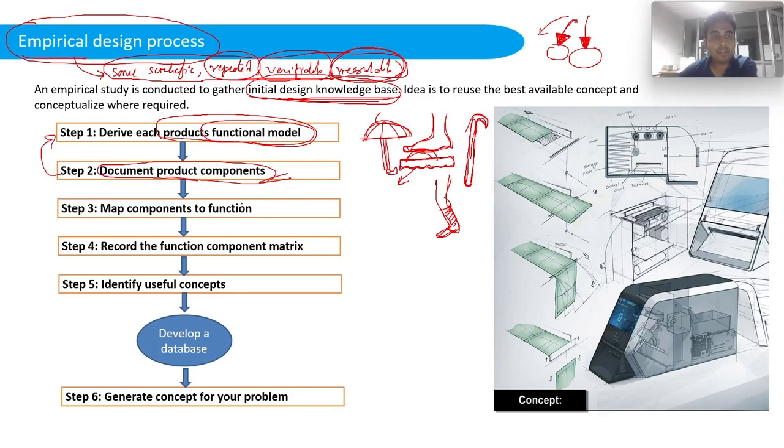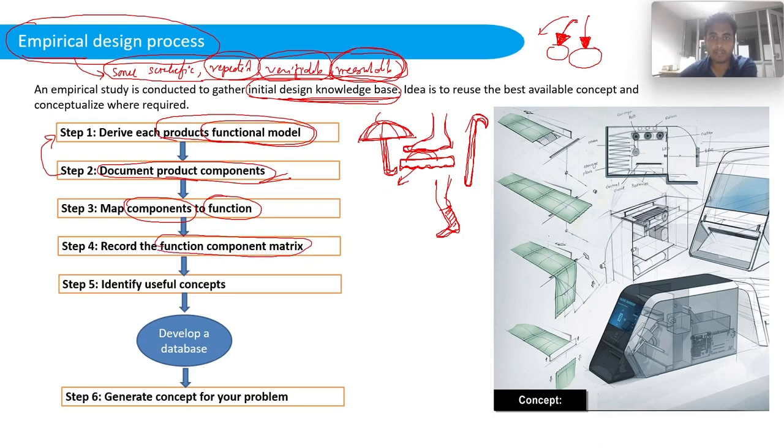Then you try to understand the functionalities of these products, see what sort of modules they consist of, and map the various components to those functionalities. Then you make a record of all this function and component matrices.